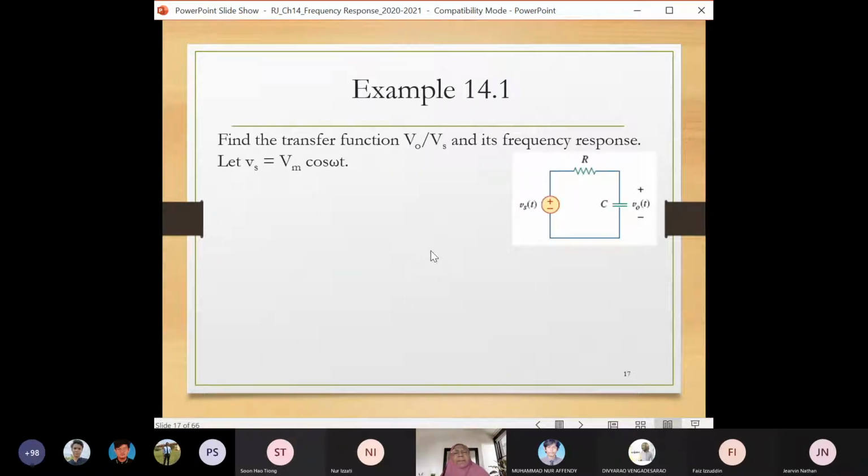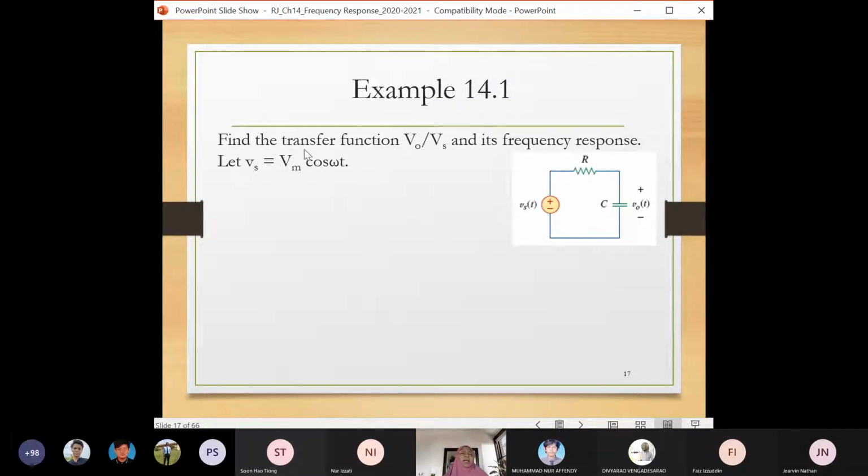Okay, an example. You have a simple circuit. Given the transfer function which relates the output VO over VS and its frequency response, let VS equal Vm cosine omega t.